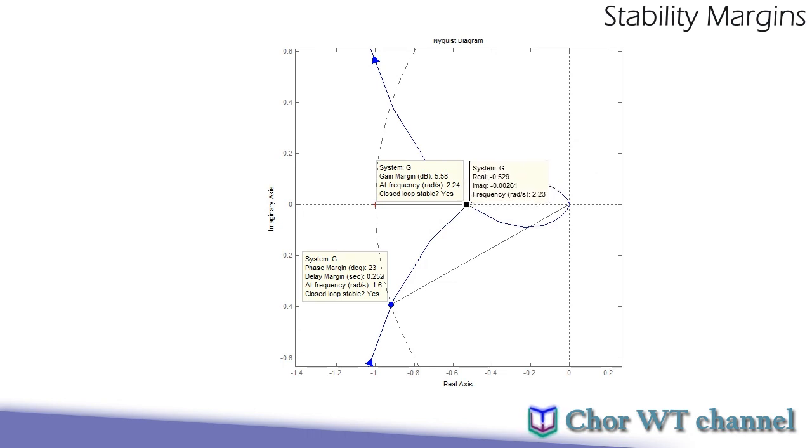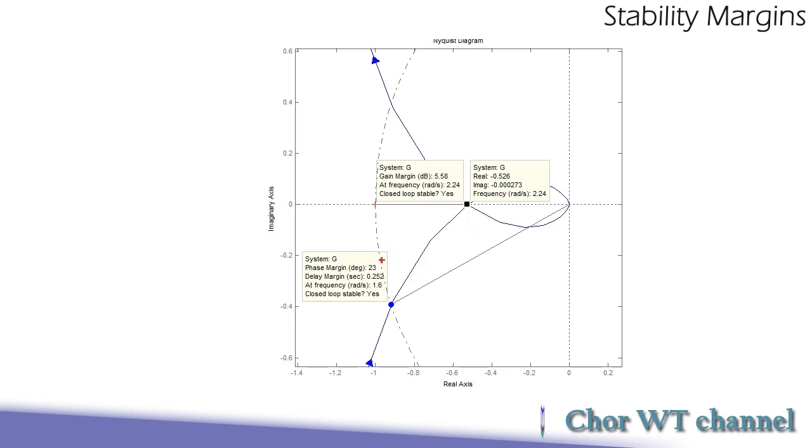I will try my best to put it as close as possible. Okay, somewhere around here. And the value we are interested in is 0.526. So how you get from here to 5.58 is basically 20 log of 1 over 0.526, and you'll be able to get 5.58.